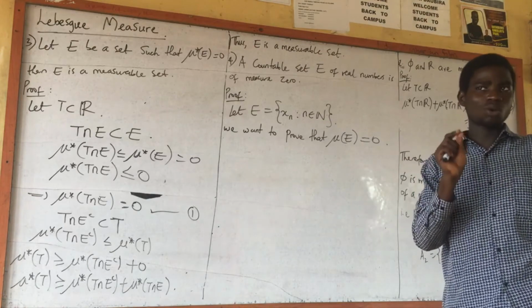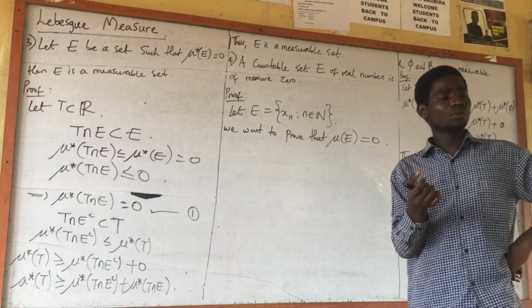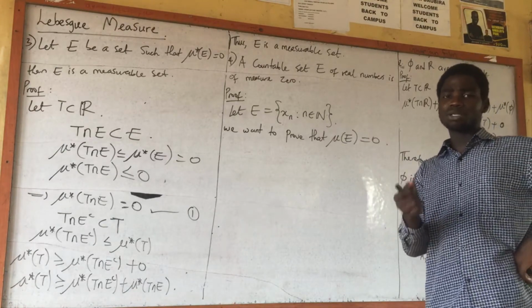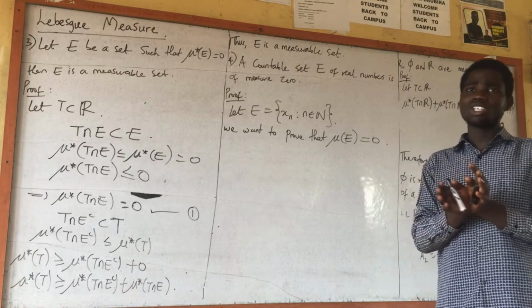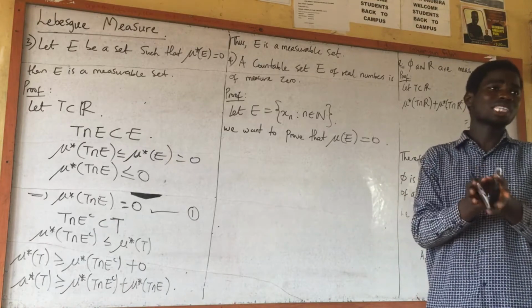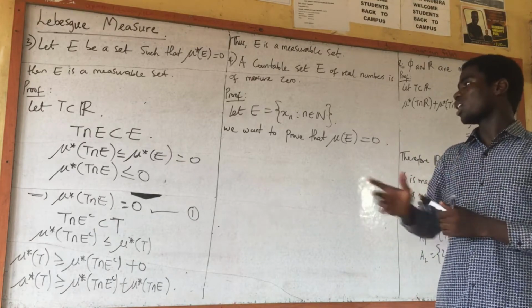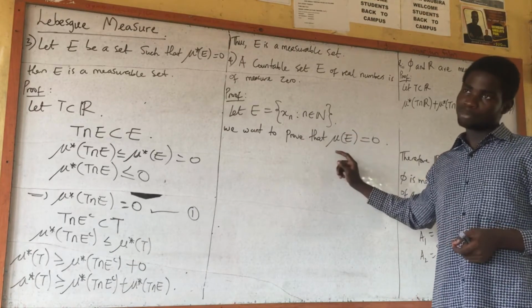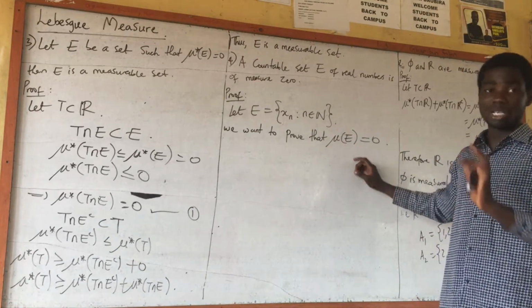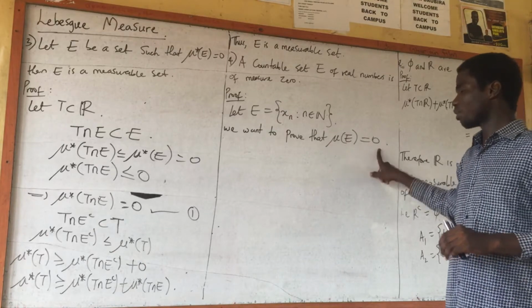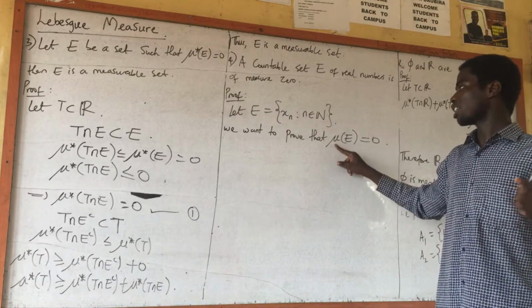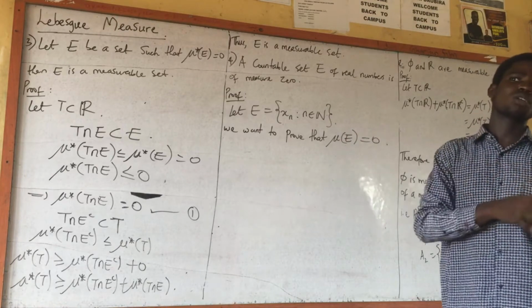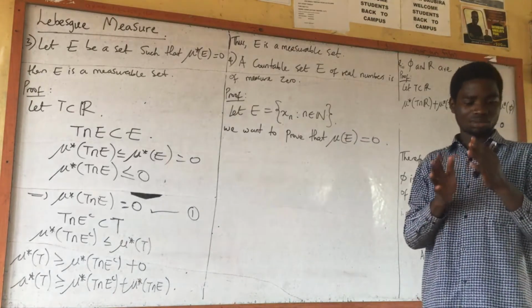But once the set is measurable, if you want to compute the measure of the set, it will just be equal to the outer measure of the set. The mu star is outer measure, while mu is just measure. We want to prove that the measure of E is 0, and once the set is measurable, the measure of E will be equal to its outer measure.